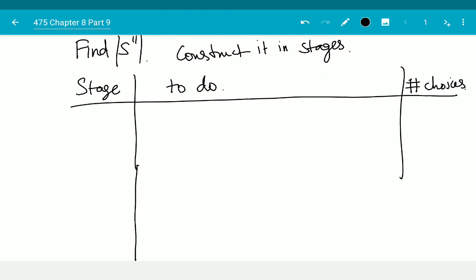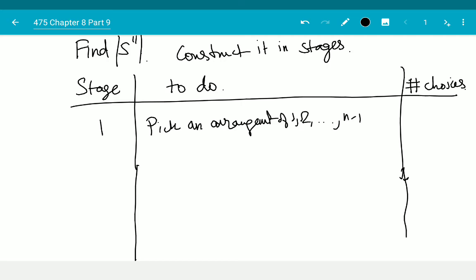Well, in the first stage, pick an arrangement of 1 to n minus 1, which you're dividing into k non-empty circular permutations.